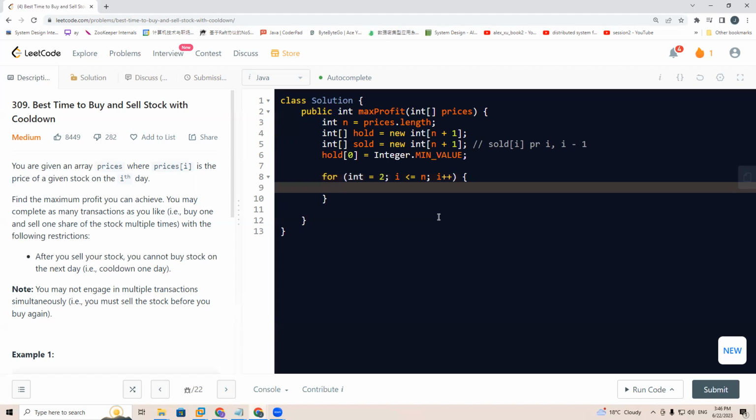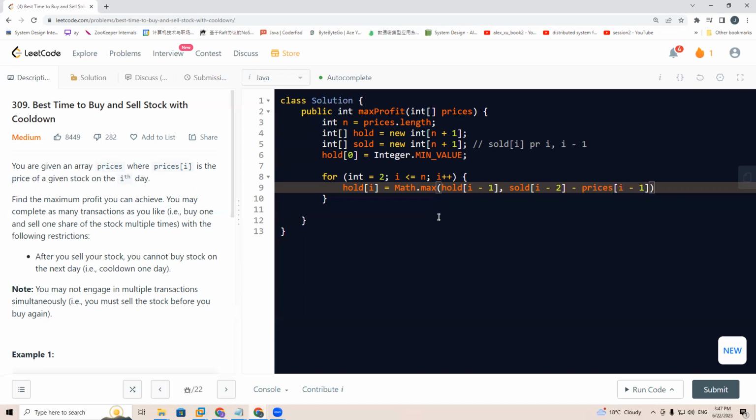So let's say hold[i] equals max of hold[i minus 1], and since we can buy only after we wait one more day, it will be sold[i minus 2] minus prices[i minus 1].